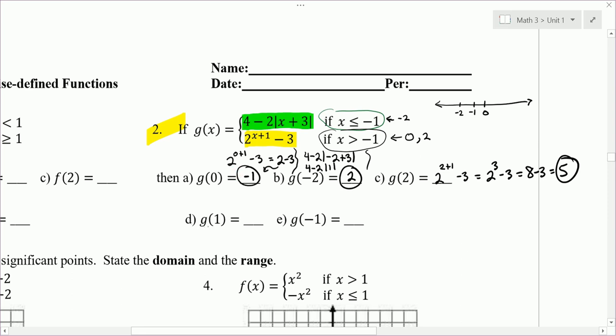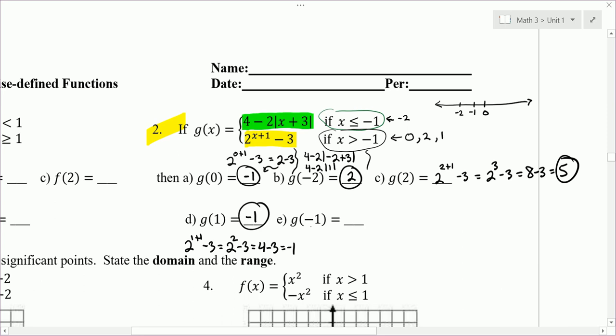Now for part D, we want to plug in a 1. Well, 1 would belong to the second part. So 2 to the power of 1 plus 1 minus 3 is 2 to the power of 2 minus 3, or 4 minus 3, which is -1.